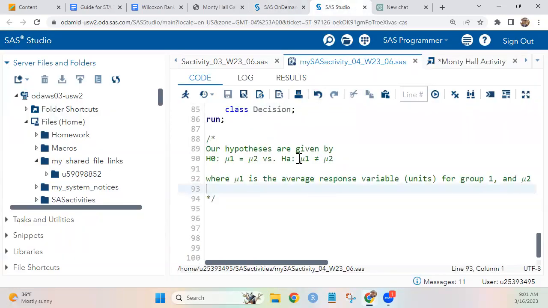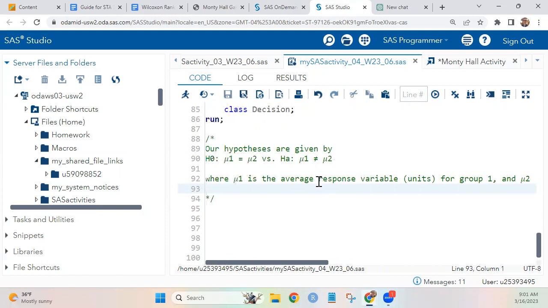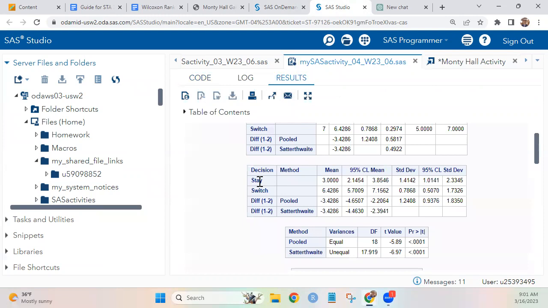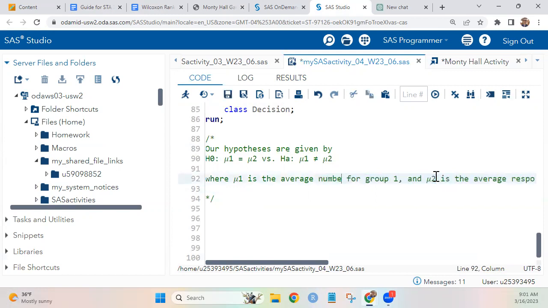So we'll say our hypotheses are given by this, where mu1 is the average. Let's look at which one's group one. Okay, so stay is group one. So what is mu1 in that case? Yeah, exactly. The average number of times 1 out of 10, right?